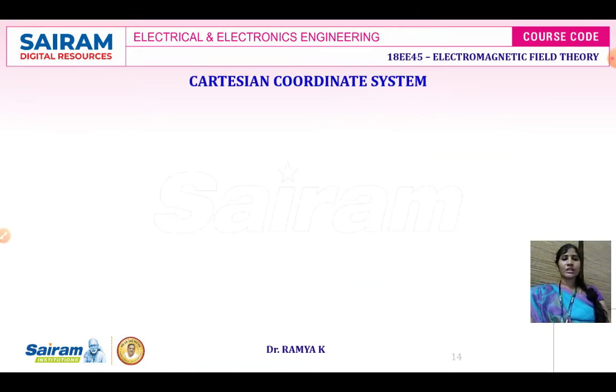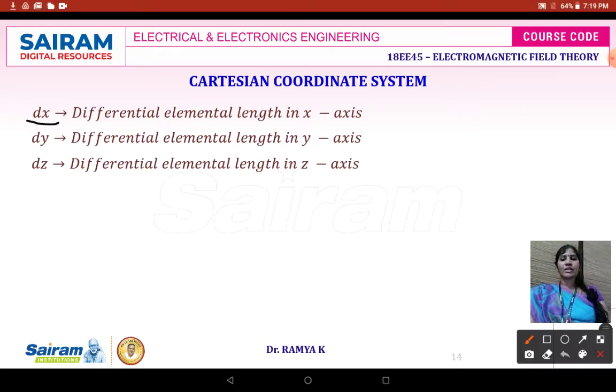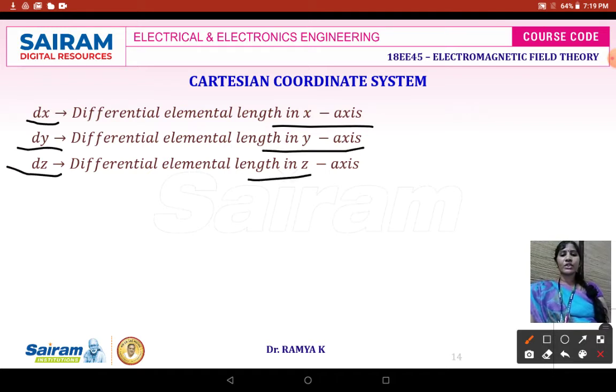Next, in the next slide, we'll see what the differential elemental length is and how it is described. So dx is the differential elemental length along the x-axis, dy along the y-axis, dz along the z-axis. Why are we going to consider a differential elemental length?